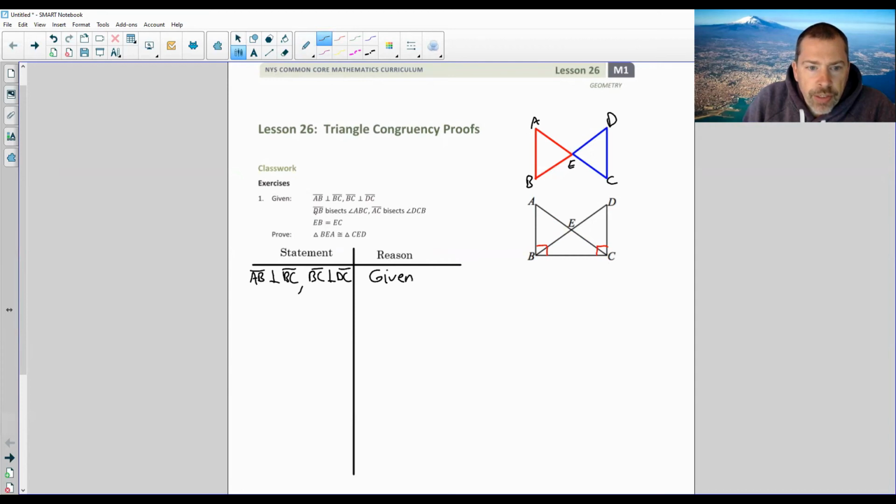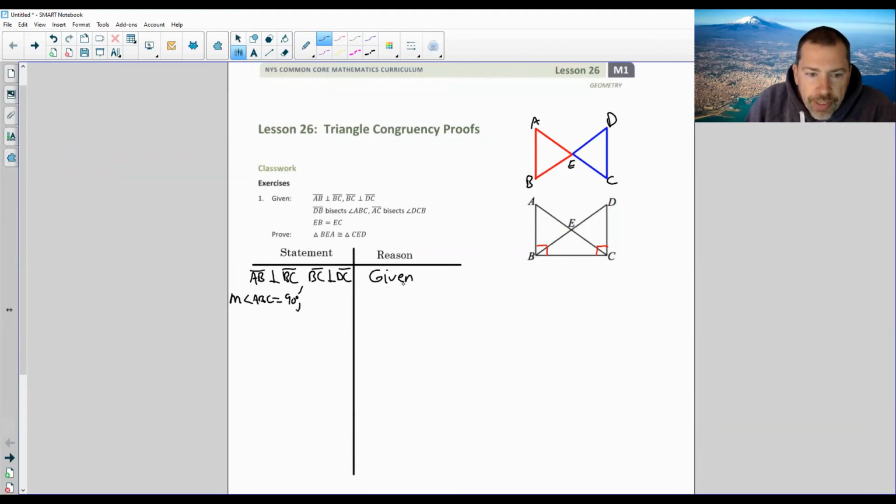Before I go on to the next given, let's just focus on what this will lead us into in this proof. So now I can say that angle ABC is 90 degrees. So I can say the measure of angle ABC equals 90 degrees.